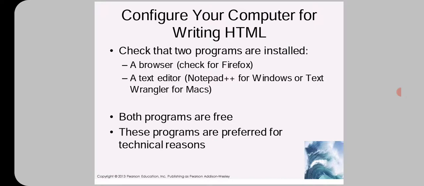Next is configuring your computer for writing HTML pages. How to write and use HTML programs on any computer? Check that two programs are installed. To write or use HTML we require two pieces of software. First, any browser, like Internet Explorer, Google Chrome or Netscape Navigator.